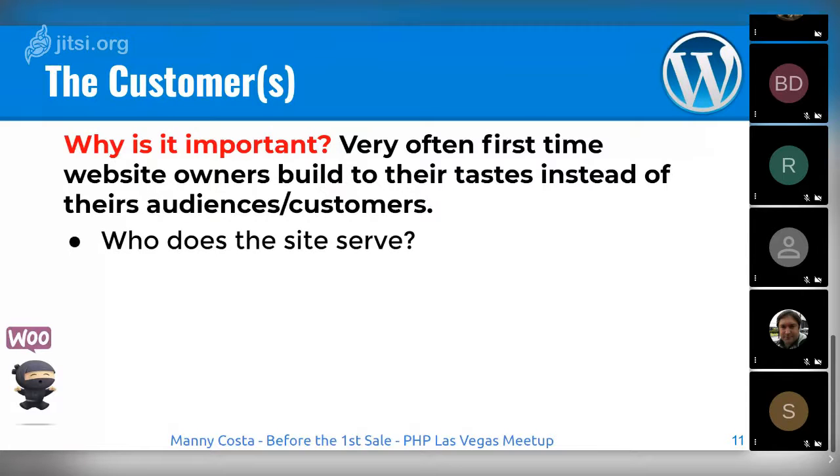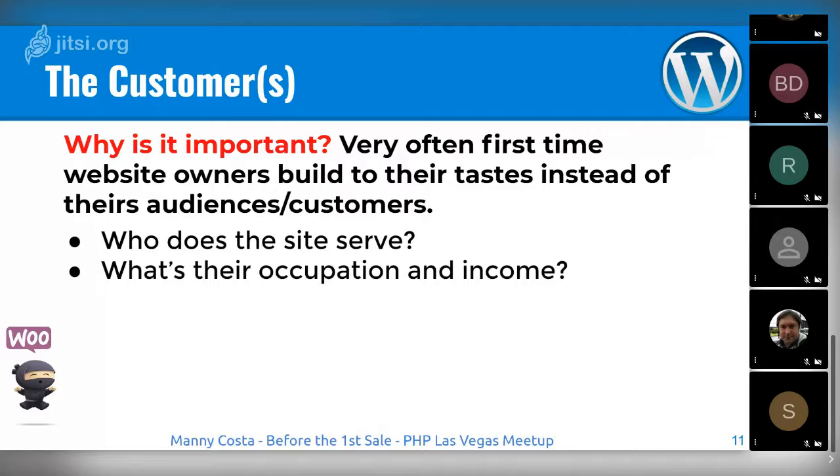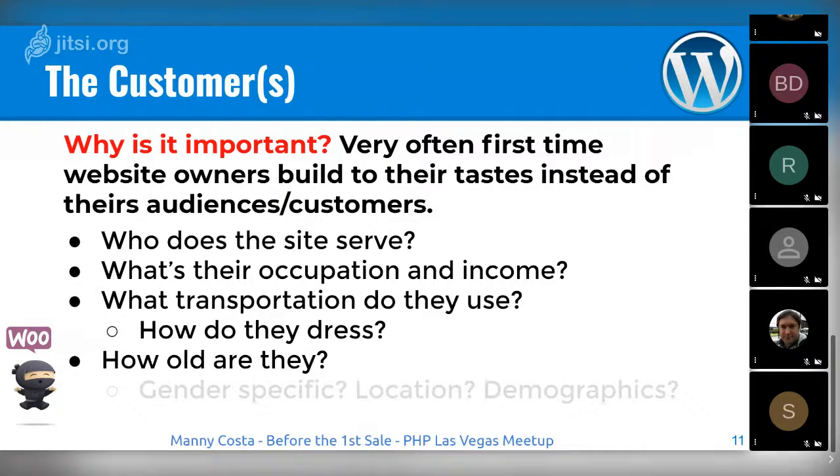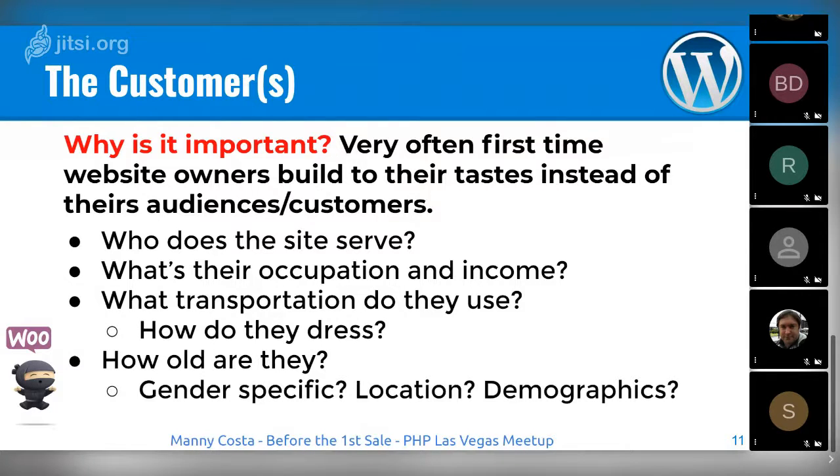So I ask them, who does the site serve? What's their occupation and income? What transportation do they use? How do they dress? How old are they? And why is this kind of information important to me? Because most of the time I also run pay-per-click campaigns on Facebook.